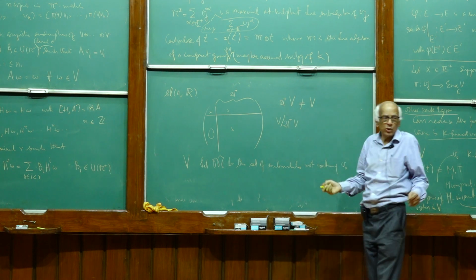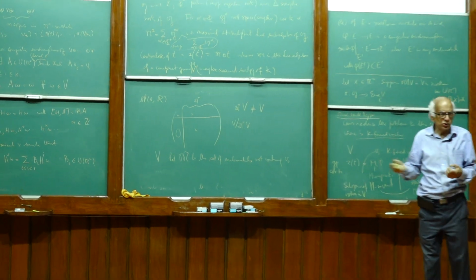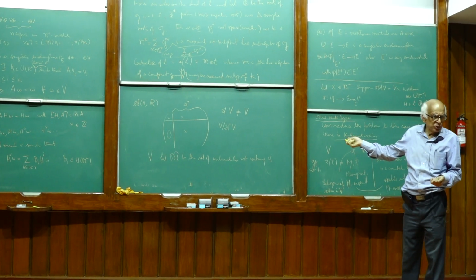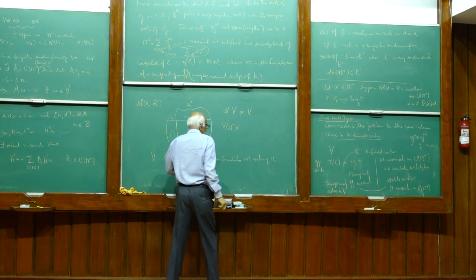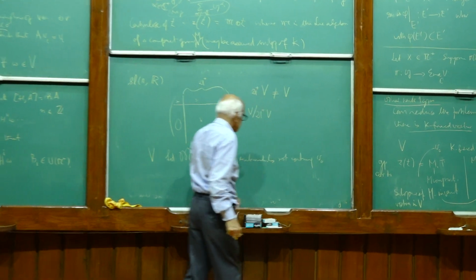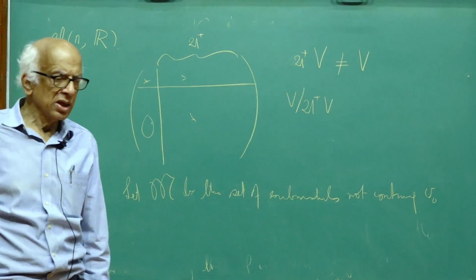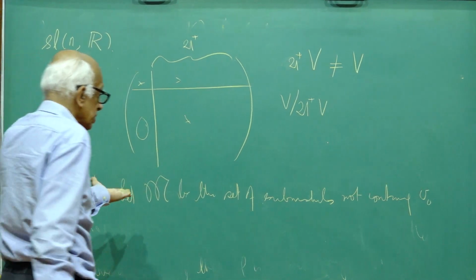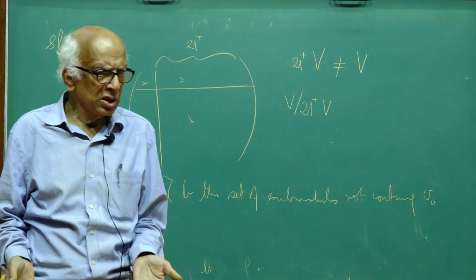The K-fixed vector space is one dimensional, so V naught is a unique vector up to scalar, such that the whole module is generated by that element. So let M be the set of submodules not containing V naught. Suppose it's non-empty, then Zorn's lemma clearly tells you there is a maximal element.